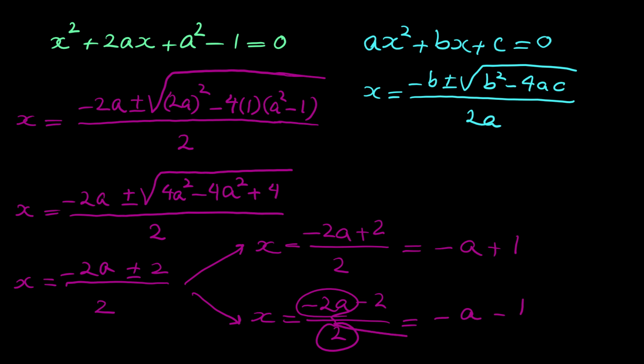Negative 2a over 2 is negative a. Negative 2 divided by 2 is negative 1. These are the two answers of this question. So this quadratic equation has two solutions, and the solutions are these.